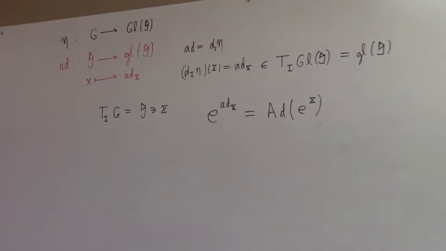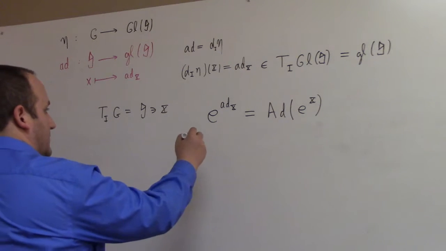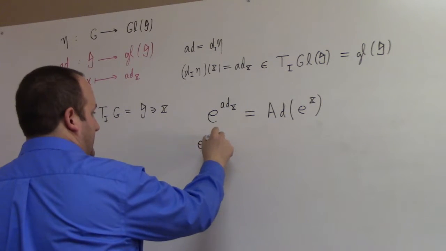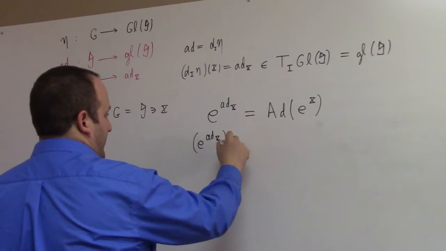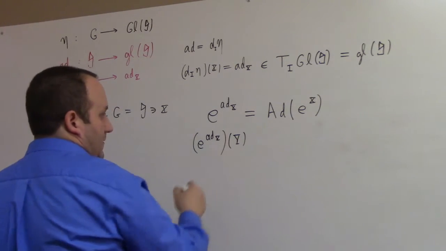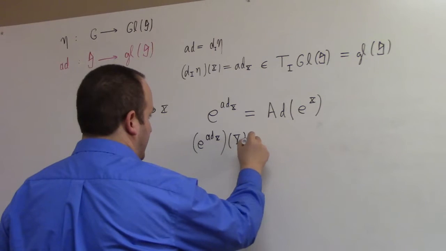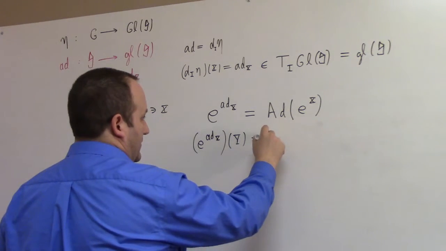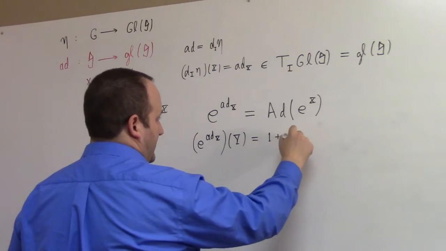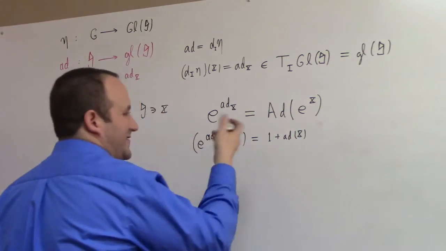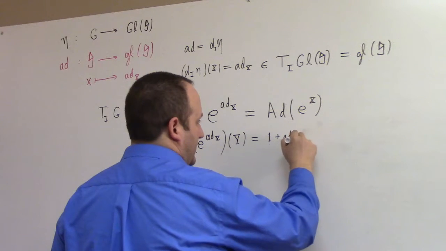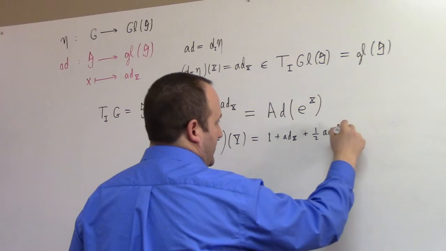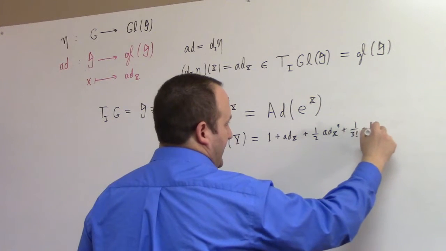Let's see, if we take this and we act on something else, right? Like we would have e to the ad. Now what should this act on? Something in the Lie algebra, right? And so on this thing, that would be like the identity plus the ad of x, ad sub x, right? Plus 1/2 ad x squared plus 1/3 factorial ad x cubed.